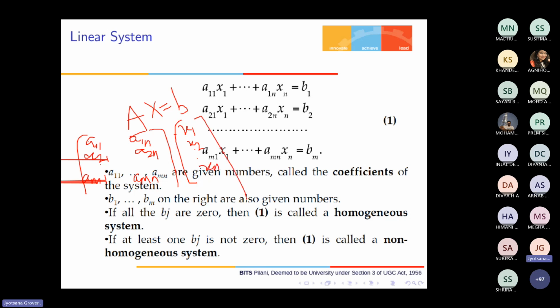This is equal to b1, b2, up to bm. They're m rows. Now, if you multiply this row with this column, what will you get?